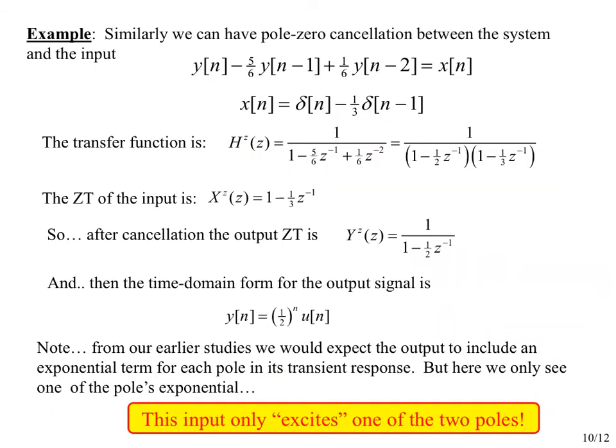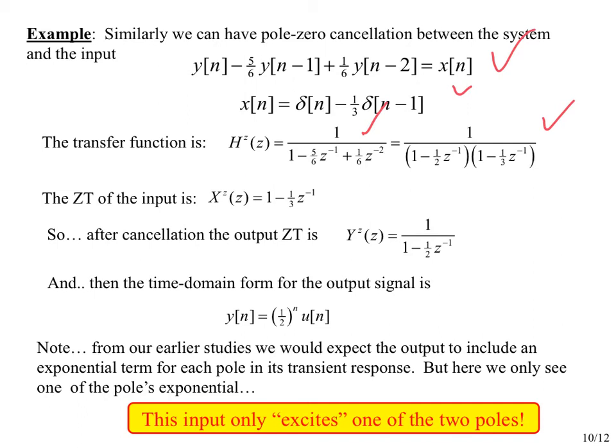Okay, so here's a little example of how this works, where the cancellation is between the input and the output. We've got a difference equation describing our system. We've got an input that consists of just two samples, one at n equal to 0 and one at n equal to 1. We can find the transfer function. We can factor that and find out what it looks like.